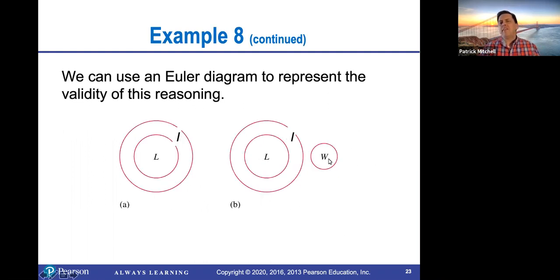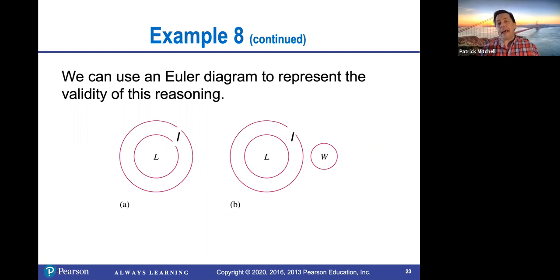Okay, so they're using W, and I kind of wish they hadn't done that, and I would have liked to have changed it, but there was no easy way to do that. They're using W to stand for people over 6 feet tall. So when you say nobody over 6 feet tall has influence, you just draw the over 6 feet tall circle completely separate from the has influence circle.